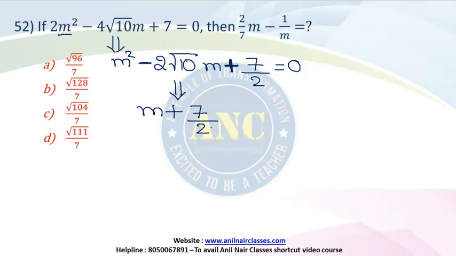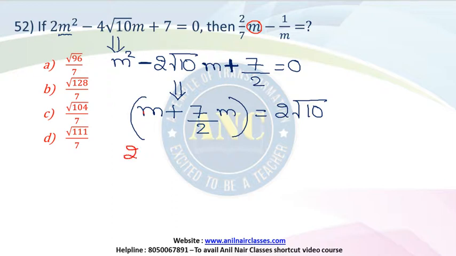It is m plus 7 by 2m, sorry, not x, it is m in this question, is equal to the coefficient of m shifted to the right hand side, which becomes plus 2 root 10. I hope this is very clear for you, sir. Without any hesitation, this should be very clear for you people, right? Now if you observe the question, the question requires the coefficient of m to be 2 by 7, but here the coefficient of m is 1.